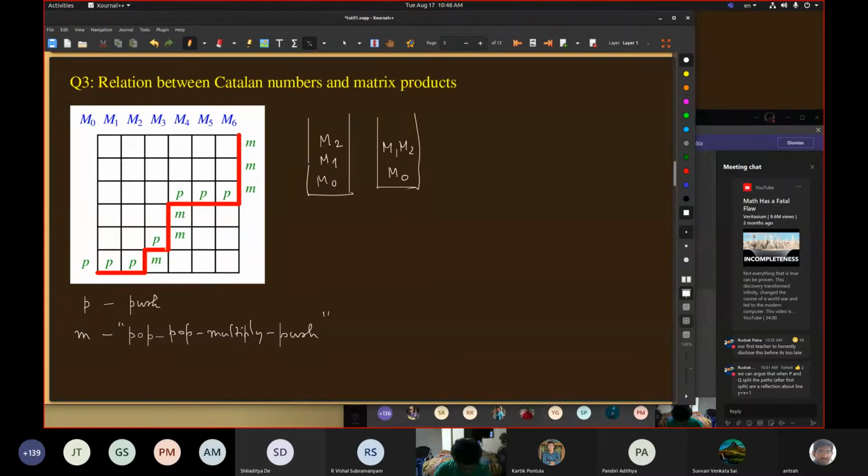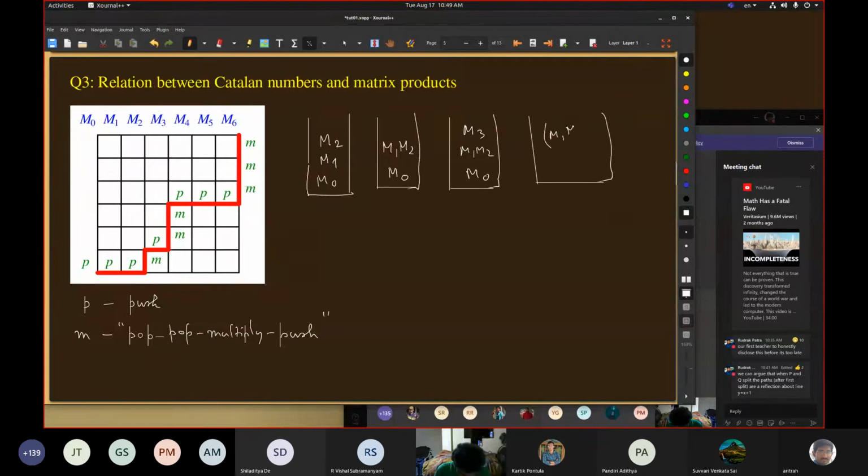Then I once again see a rightward movement. So this is M3, so I will push M3. So the stack will now become M3, M1 M2, M0. Then I see two vertical movements, upward movements. So I will take this thing out, multiply and push the product: M1 M2 M3, M0.